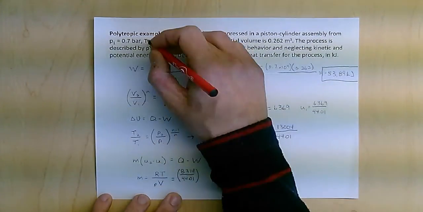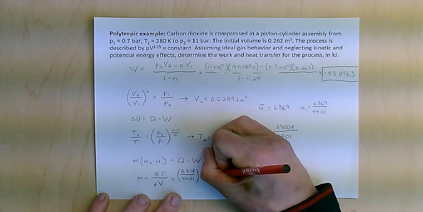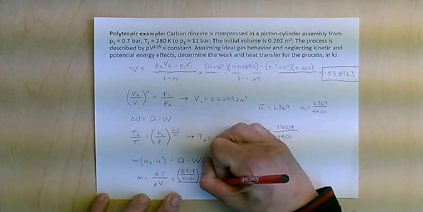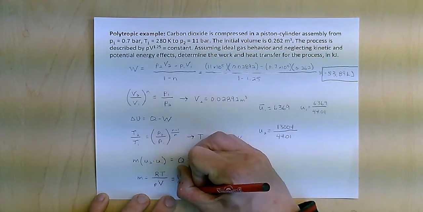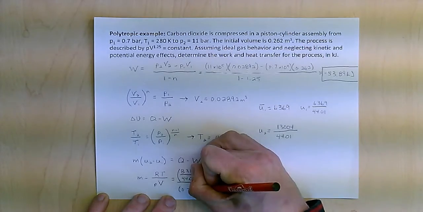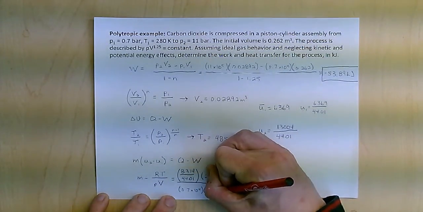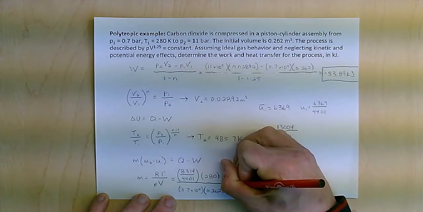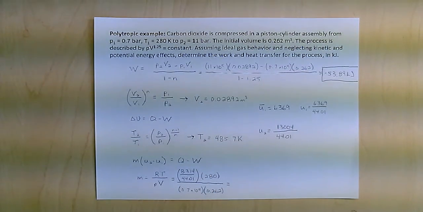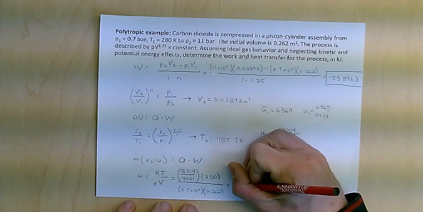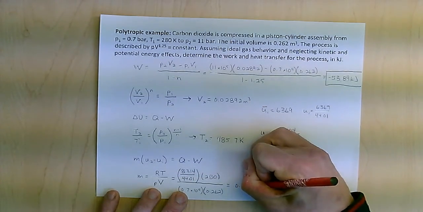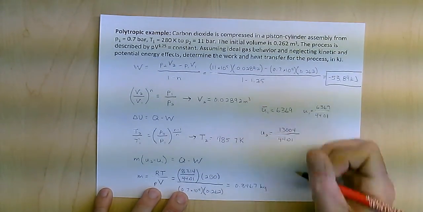I will do the first state because I have all of those given in the problem. So temperature is 280. Pressure is 0.7 bar, so that's 0.7 times 10 to the 5th. Volume is 0.262, which gives me a mass of 0.3467 kilograms.